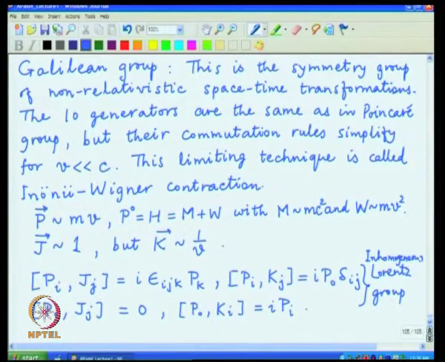So, that leading term in p 0 does not contribute to the commutator. What contributes is the subleading term, which is order v square, the term written as w, and with that order v square and k behaving as order 1 over v, one has the correct power counting for p, which is of order v. So, this particular power counting is consistent, but it now simplifies the algebra in writing down all the various commutation rules, and one can quickly summarize them. I will list those things next time.